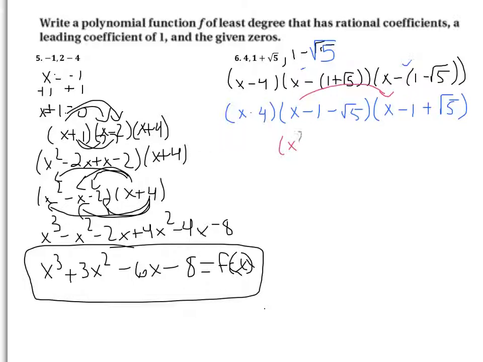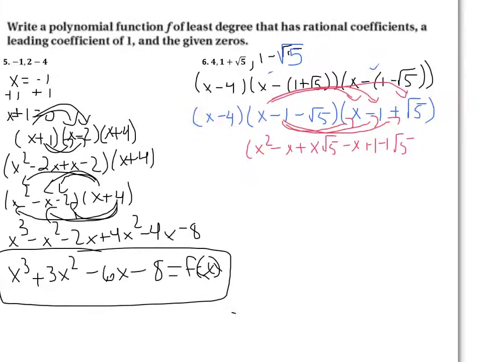So I get x squared minus x plus x times the square root of 5 minus x plus 1 plus the square root of 5. I'm going to have to move this one over a little.